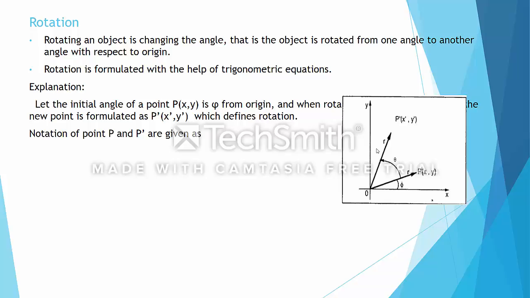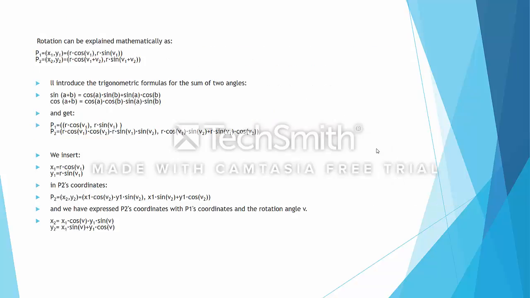If a point P(x, y) is at an angle phi from the horizontal x axis with distance r from the origin, let us suppose it has to be rotated by an angle theta. The resultant point is P', which has the coordinates x' and y'. If it is mathematically derived, we get the final point after the rotation as P2, involving the coordinates with certain angles of theta.